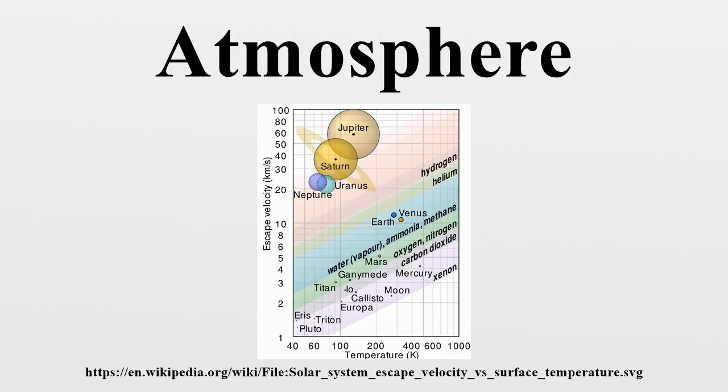Other astronomical bodies such as these listed have known atmospheres. In the Solar System: atmosphere of the Sun, Mercury, Venus, Earth, the Moon, Mars, Ceres, Jupiter, Io, Callisto, Europa, Ganymede, Saturn, Titan, Enceladus, Uranus, Titania, Neptune, Triton, Pluto.